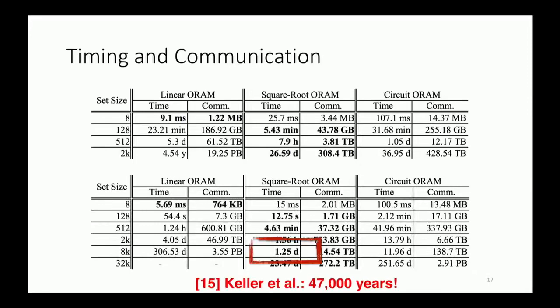For example, comparing to Keller et al.'s solution for a set size of 8,000 people, they report an estimated execution time of 10 to the power 12 seconds, which is equivalent to 47,000 years. But we need slightly more than a day to compute this functionality.